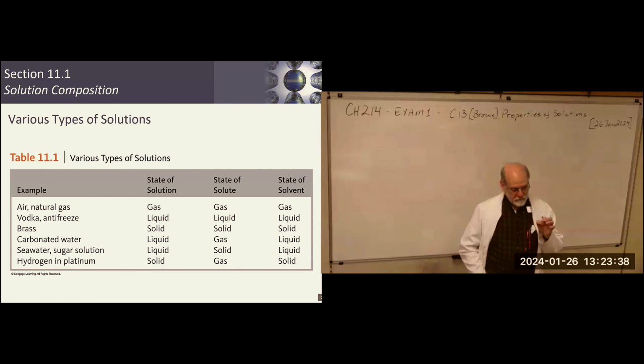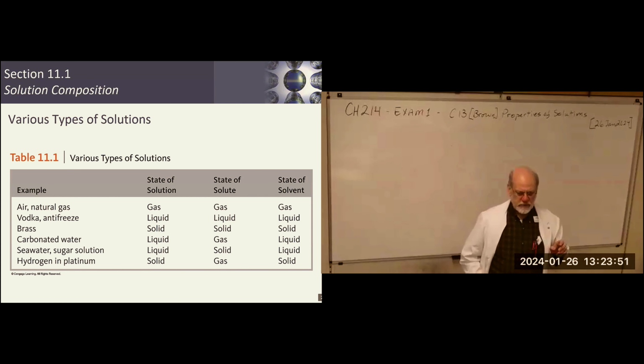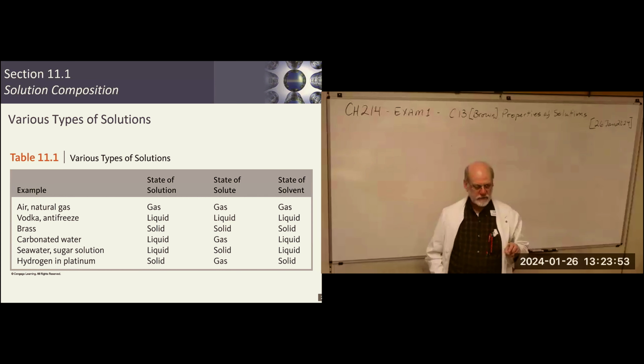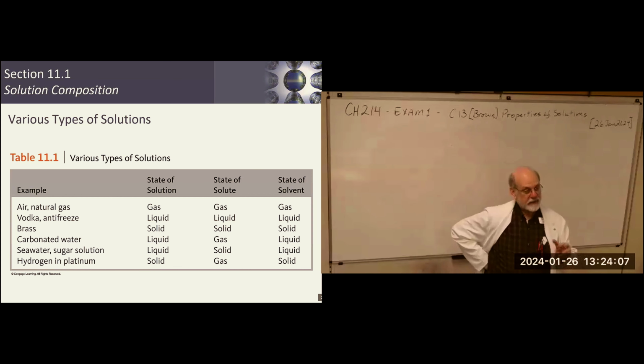But this example of hydrogen in platinum is a case of catalytic reaction. You've heard of partially hydrogenated vegetable oils? You haven't heard of that? They take vegetable oils that are, I forget the term now, unsaturated, polyunsaturated.